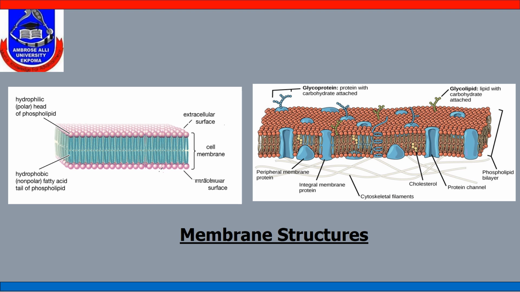Now, this slide is presented to give you an idea of the membrane structure. The first and the second, depending on which one you choose, are all examples of membrane.